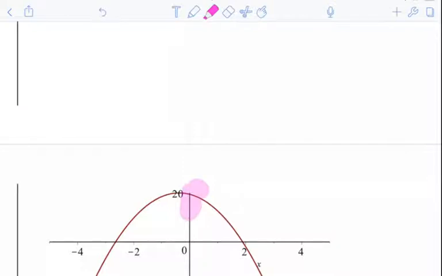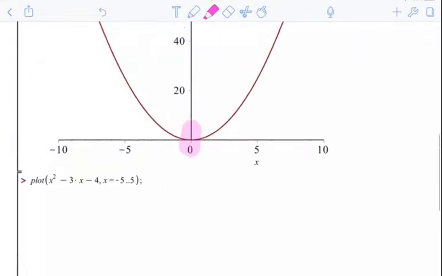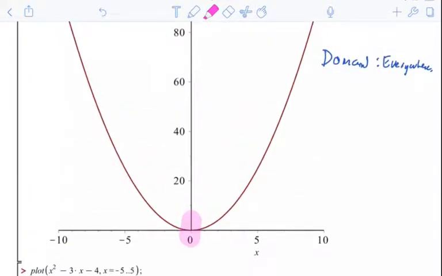What about x-intercepts? Do they all have x-intercepts? Well, the short answer is no, they don't all have x-intercepts. The longer answer is, sometimes they intersect the x-axis in one place, and so this has an x-intercept at x is equal to 0.